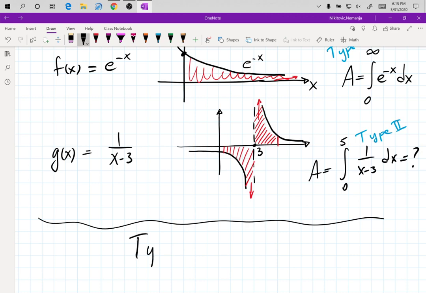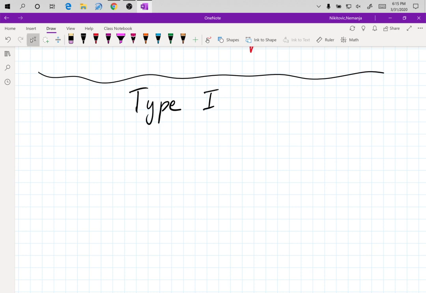So we go type 1. And type 1 is easy, right? For type 1, you're going to have a to infinity, or negative infinity to b, or negative infinity to positive infinity.